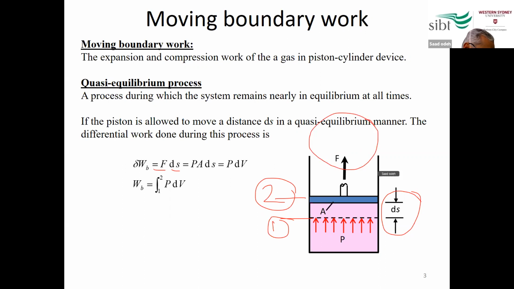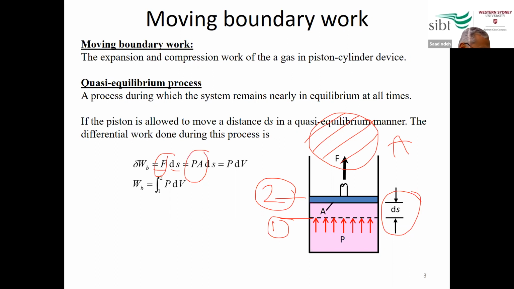If I know the area of this circle, the area of the piston, then I can multiply A by the pressure to get F. So I replace F with PA, and then I can say PA ds. This is the work done.